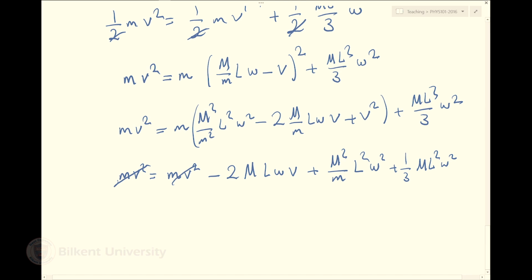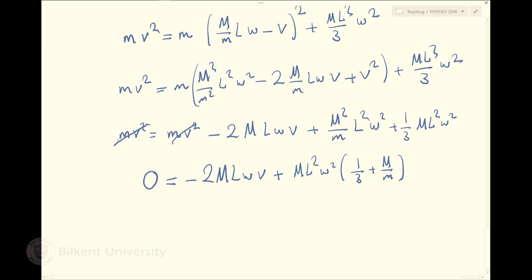The first two terms cancelled, so this is 0 equal to minus 2 M L omega v plus M L squared omega squared times 1/3 plus capital M over small m.